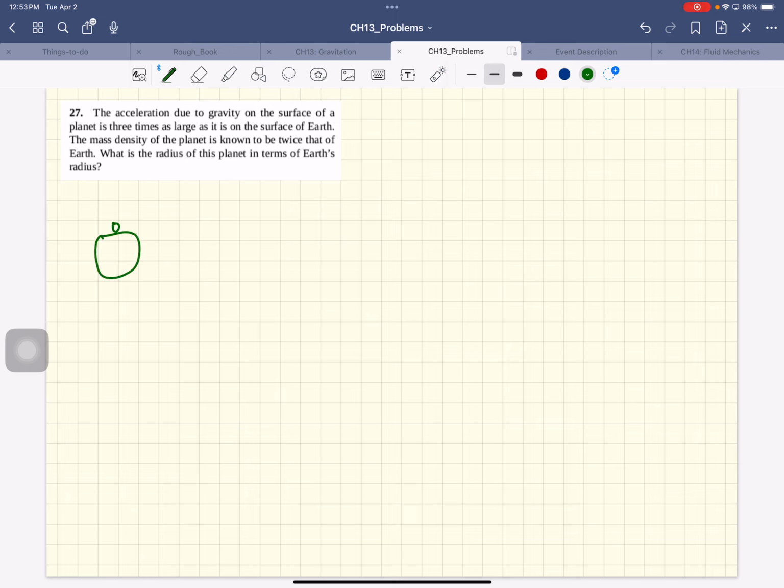so let's say this is the Earth, this is the planet. Okay, so mass, this is the force with which Earth pulls you down, and that's the force with which the planet pulls you down.